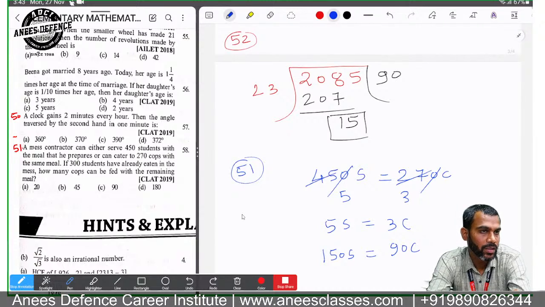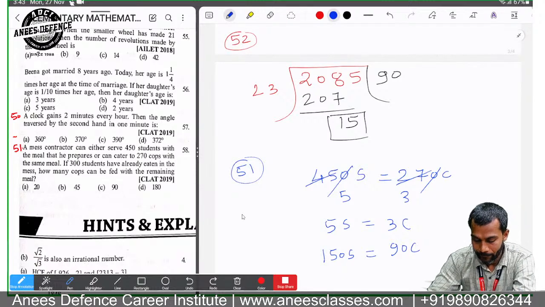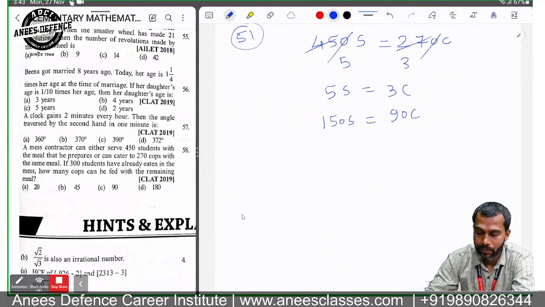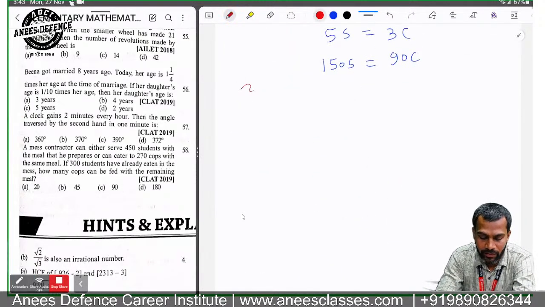Yes, very easy. What is the percentage gain? I mean, what fraction we can say? See, 2 minutes in every hour, it means 2 by 60. That is 1 by 30. That is 10 by 3%. See, percentage gain we need to find out.